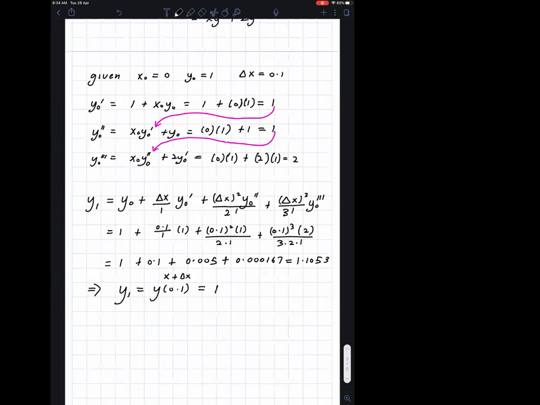That's going to be 1.105, when x1 is equal to 0.1.